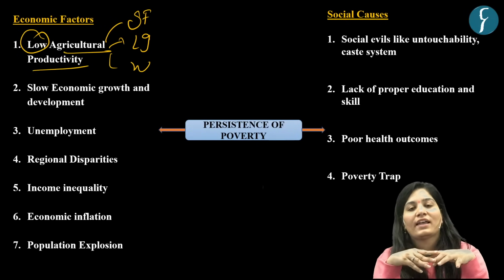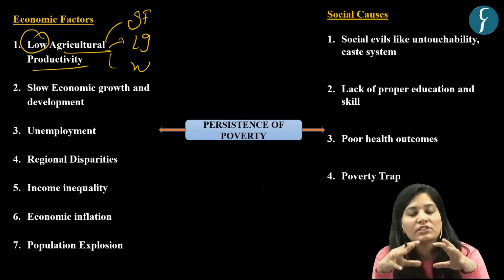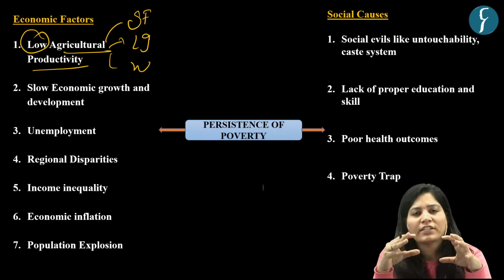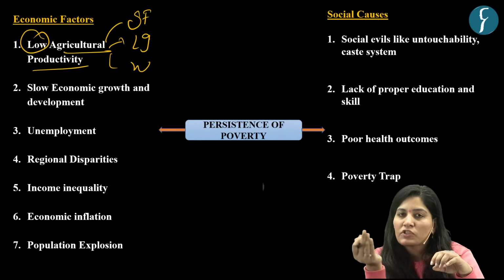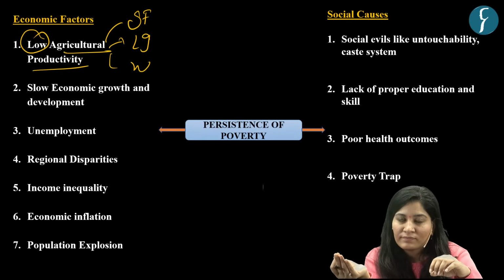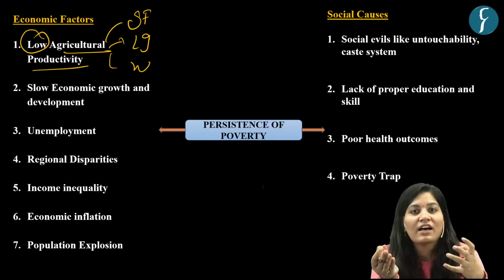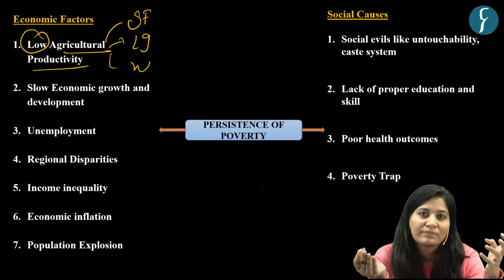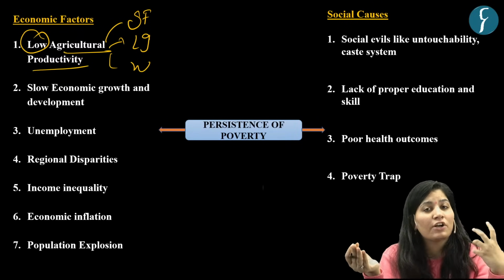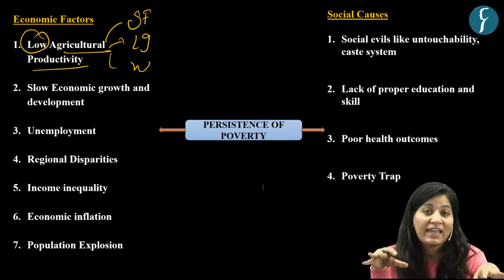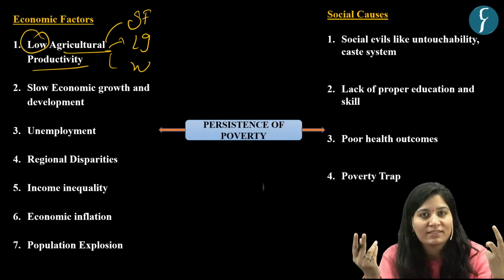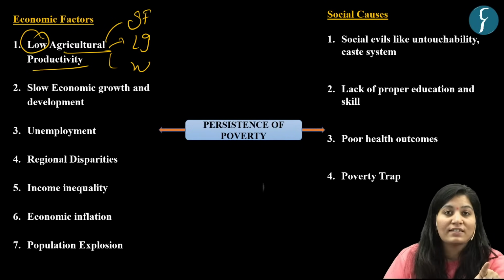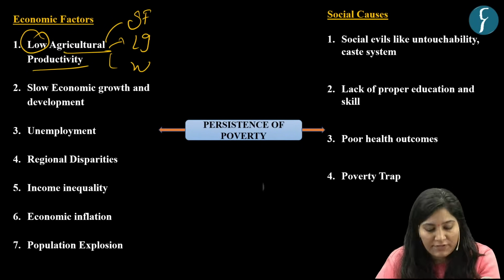Now, if a major chunk of the population, you can take 46% of the population, is dependent on this inefficient sector, then it is a worrisome situation for India. If a major chunk of the population is dependent on an inefficient sector, definitely it will drive them towards what? Towards poverty. So the first reason is low agricultural productivity.